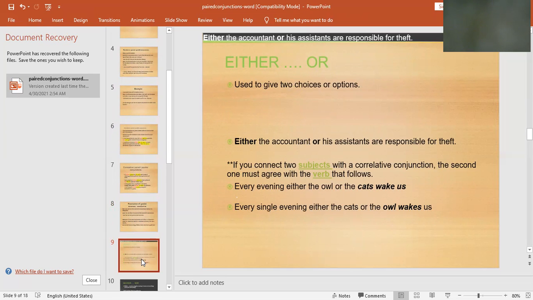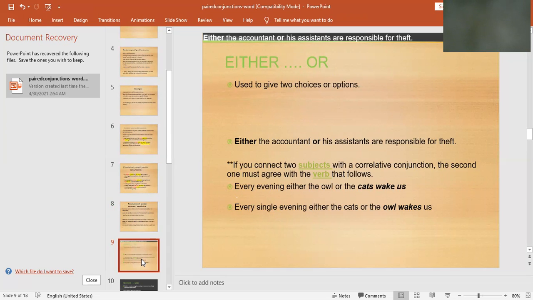Why do we use either or? We use either or to give choices or options. Either the accountant or his assistants are responsible for the theft, for stealing something. If you connect two subjects with a correlative conjunction, the verb must agree with the second one.